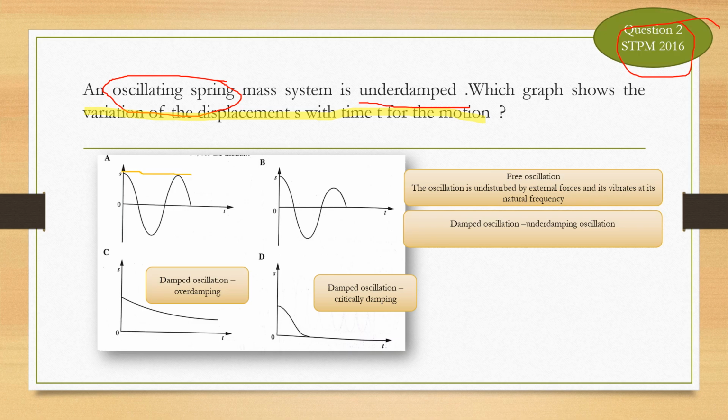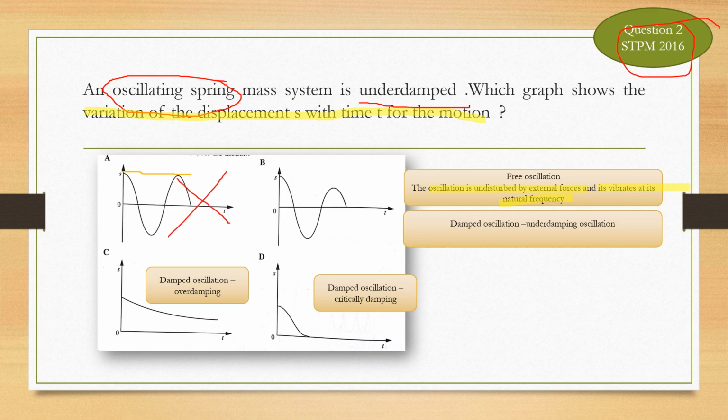So that means this is a free oscillation. Why free? Because the oscillation is undisturbed by an external force and it vibrates at its natural frequency. So A cannot be the answer.